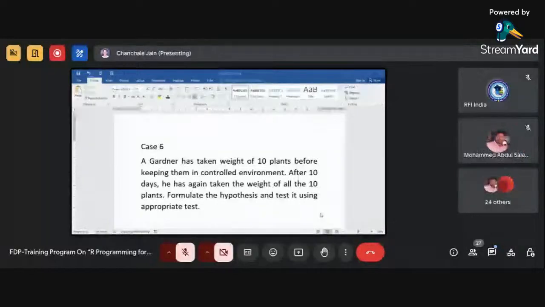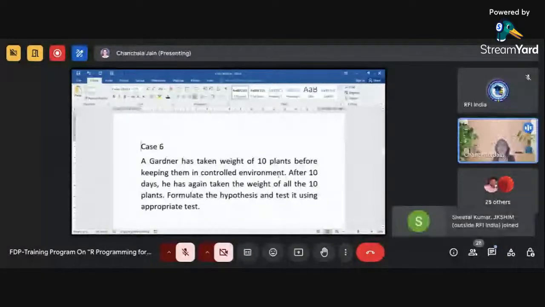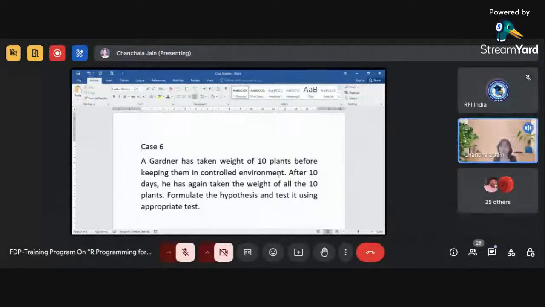Okay, one question here. Suppose we are using this particular situation and we want to test the hypothesis in the R environment, what do I need to do to test this type of situation? Anyone? Ma'am, if we have the data before the 10 days and after, the difference should be normally distributed.